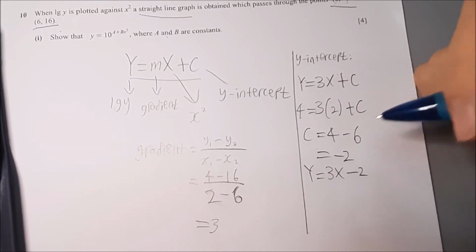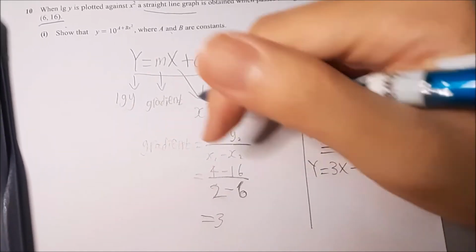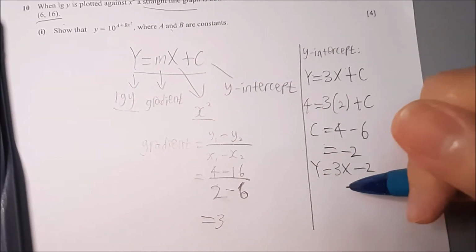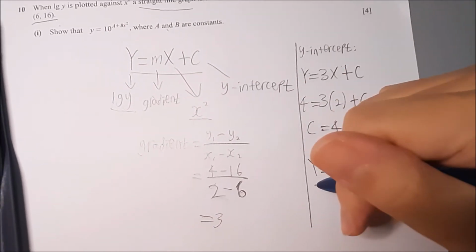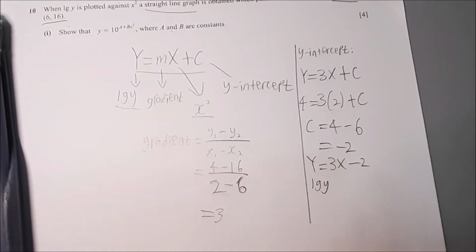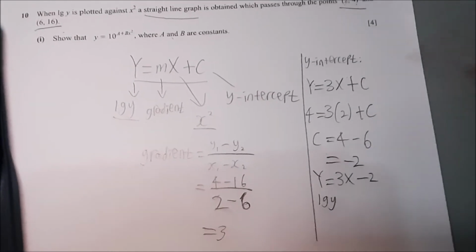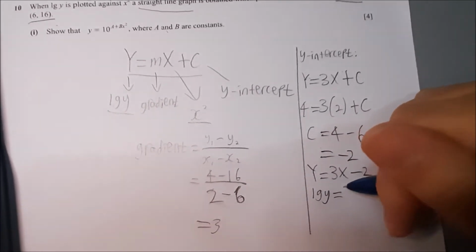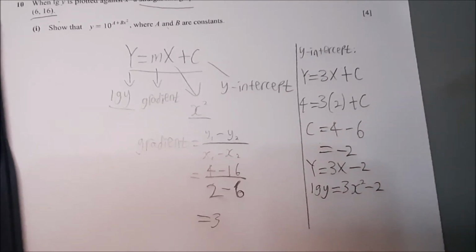And now from here, we know that y is log y and x is x squared. So we can just substitute both of these values inside, so that we get log y equals 3x squared minus 2.